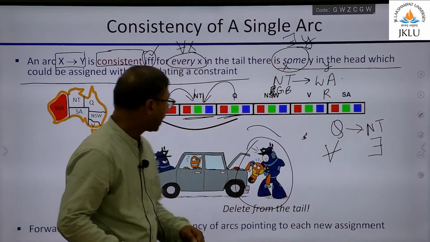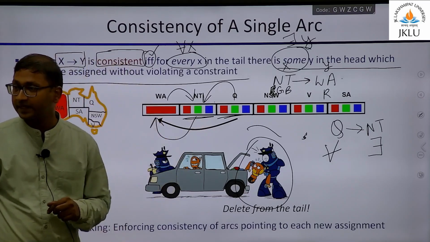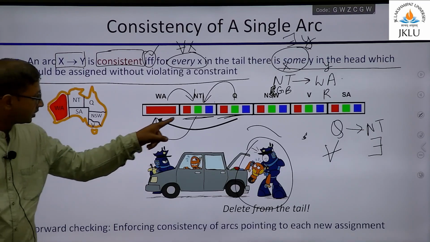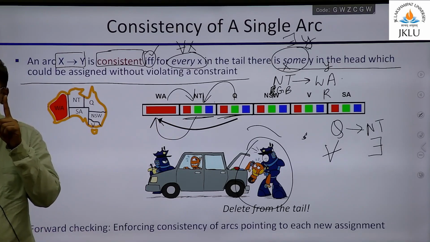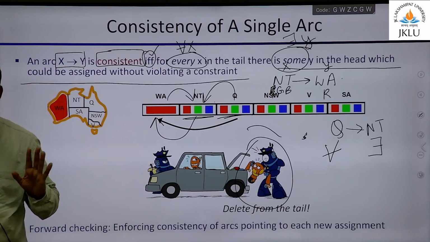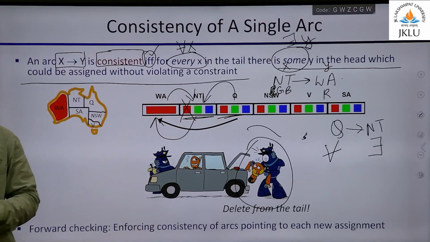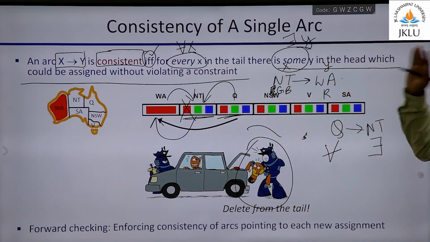Okay, so now if I ask you about this arc, is this consistent? No, because for red there are problems. So what do? Delete red. You can delete from the tail, but you don't delete from the head.